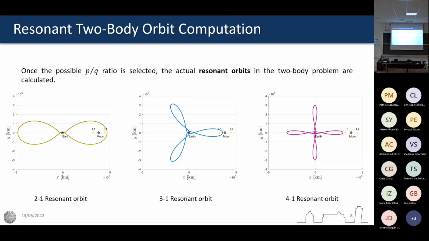The first step was to look for a proper resonant orbit, first in the two-body problem, considering only the Earth as the main body, but the influence of the Moon is not negligible.